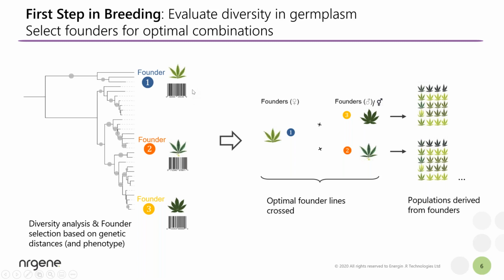So the first step to do is to analyze and understand the genetic makeup of the germplasm at your disposal, get rid of redundancies, and select individuals that are important as founder lines. Once you know your founder lines and created a unique identifier for each one, you could start by designing your crosses and creating segregating populations and mapping populations, and start looking for traits and use genetic markers in the breeding process to develop new cultivars.